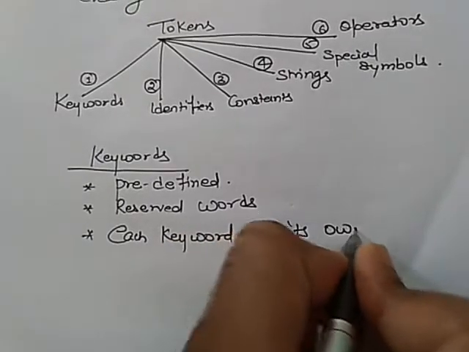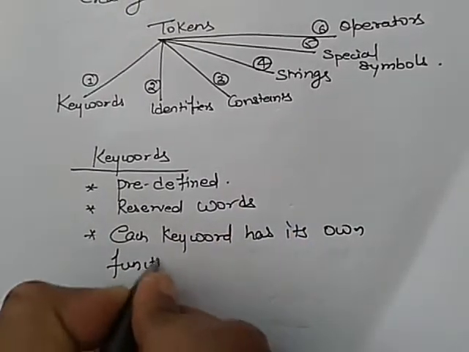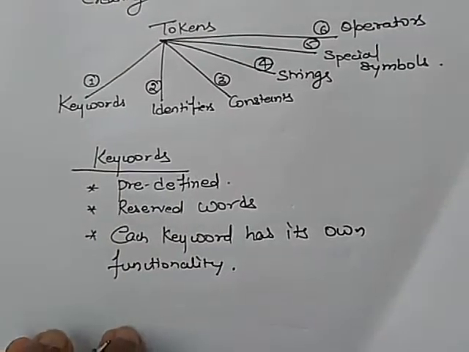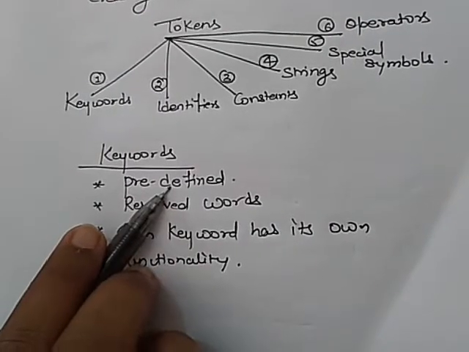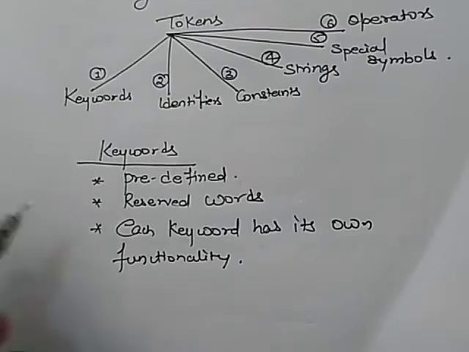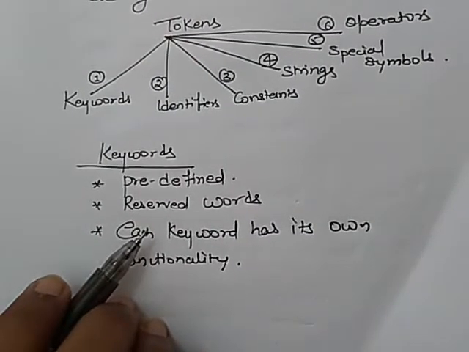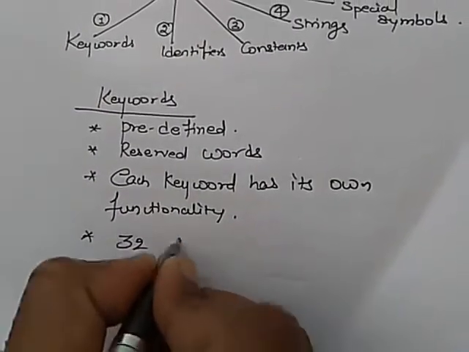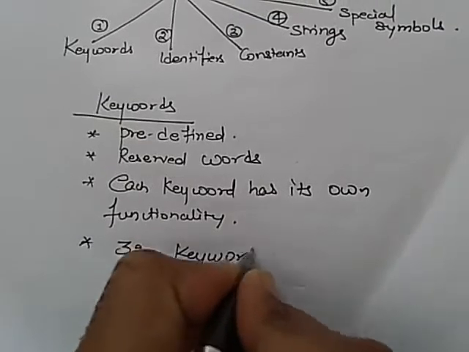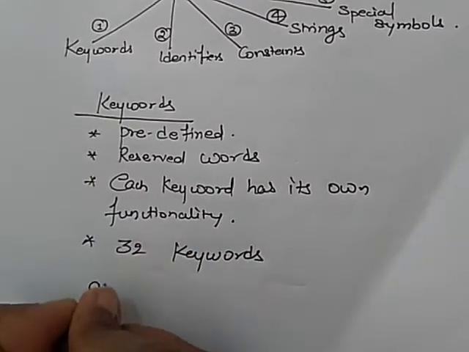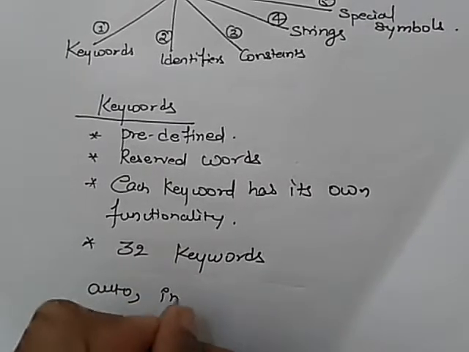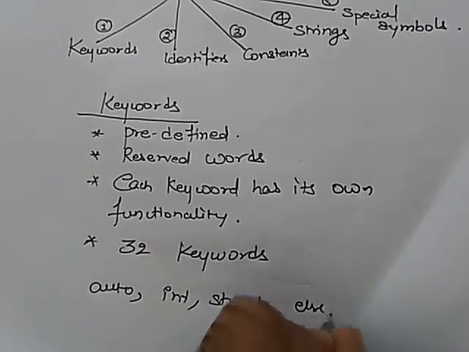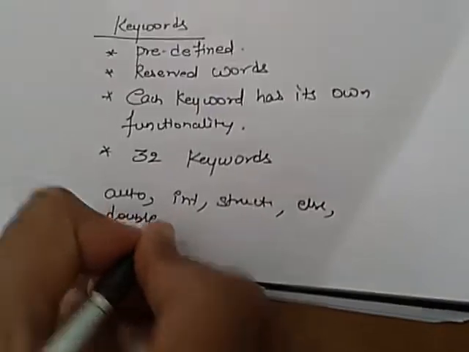Since keywords are predefined and used by the compiler, they cannot be used as variable names. In C language, we have 32 keywords. For example, auto, int, struct, else, double.